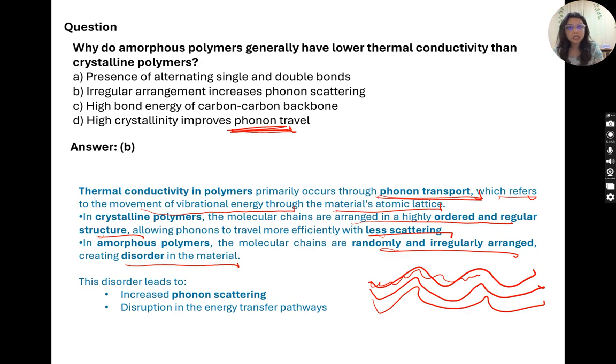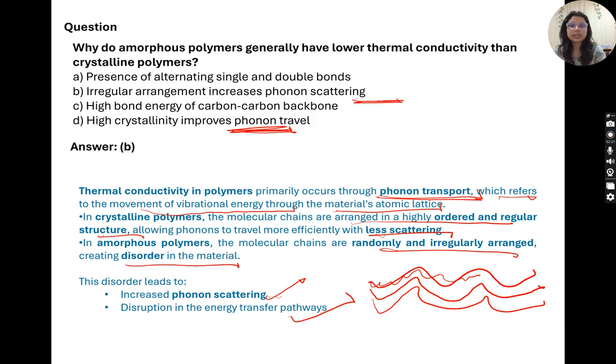That's why amorphous polymers generally have lower thermal conductivity than crystalline polymers. This disorder leads to increased phonon scattering and disruption in energy transfer pathways. So the correct answer is B, the irregular arrangement increases phonon scattering.